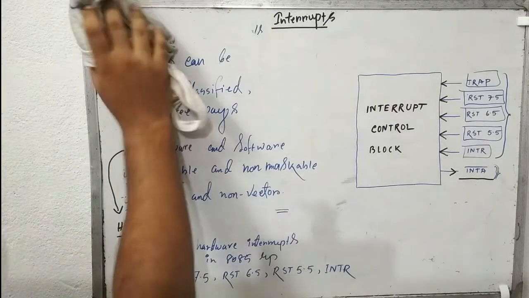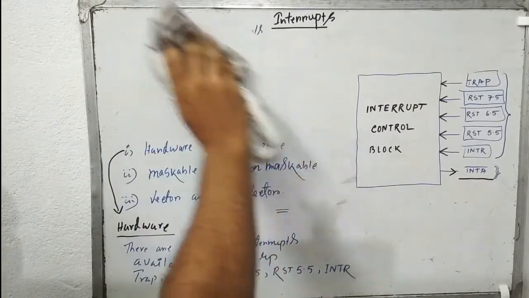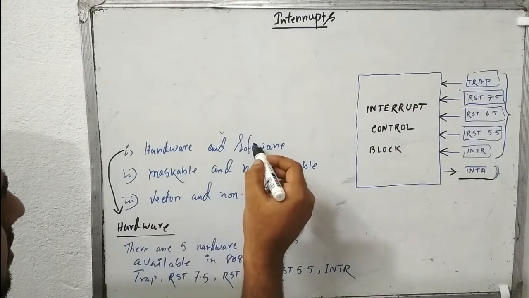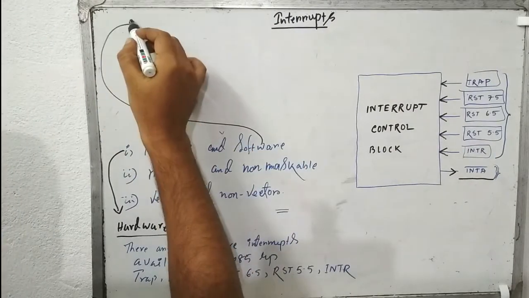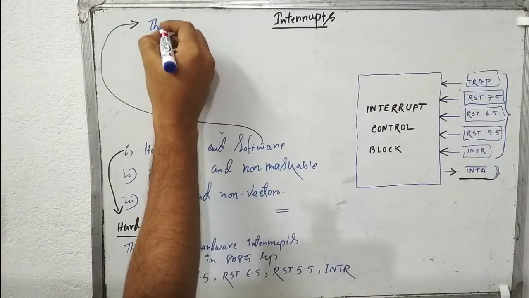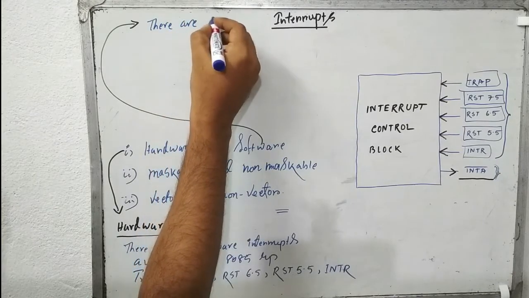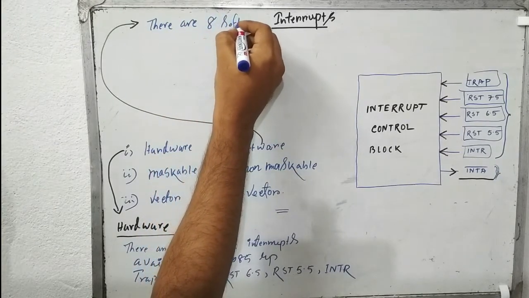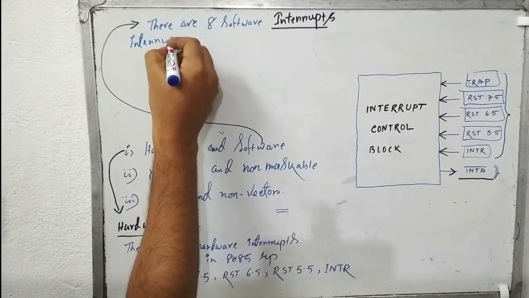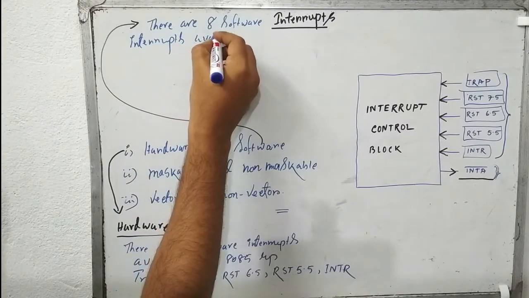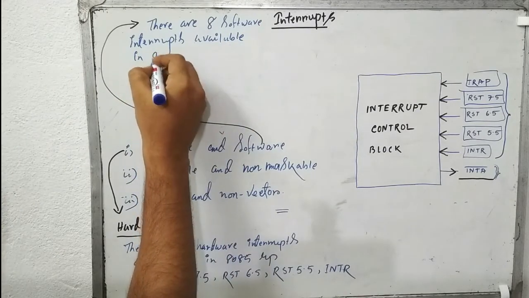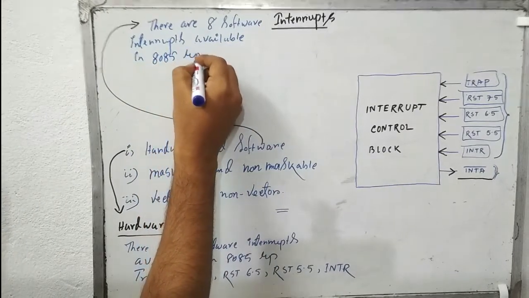So what are the software interrupts available in the 8085 microprocessor? There are 8 software interrupts available in the 8085 microprocessor. What are they?